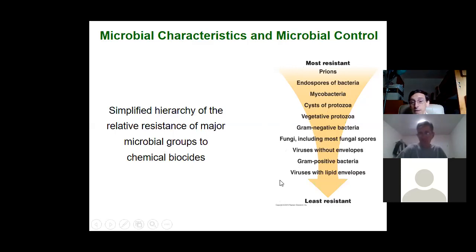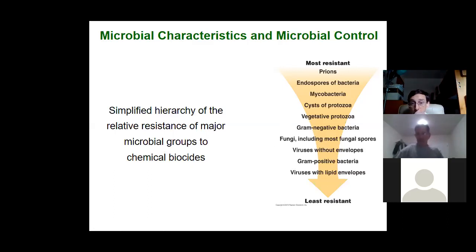So generally speaking, viruses with lipid envelopes are the easiest to kill. Gram-positive bacteria, the next easiest to kill. Viruses with envelopes are the next easiest to kill. Fungi, including fungal spores, the next easiest thing to kill. Gram-negative bacteria, the next easiest thing to kill.